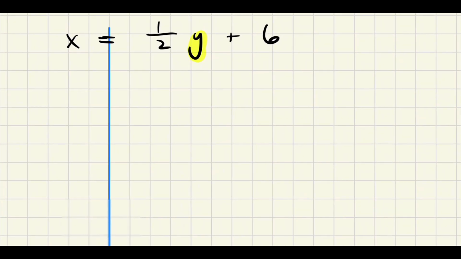Okay. So like I just said, when we're solving, we start at the bottom of PEMDAS with the addition subtraction. So that means that plus 6, that's where we start. Minus 6.